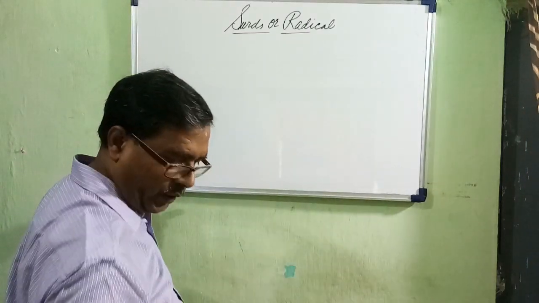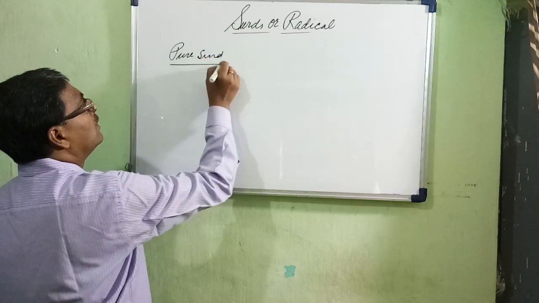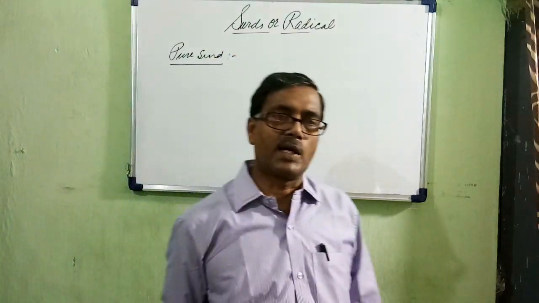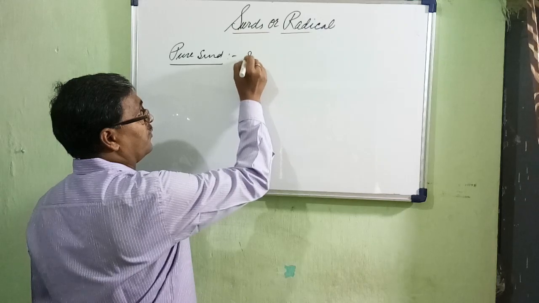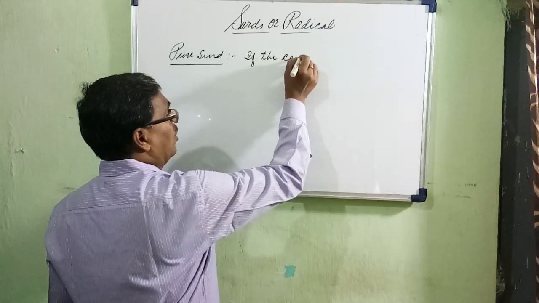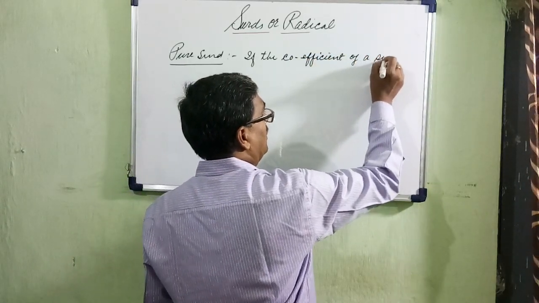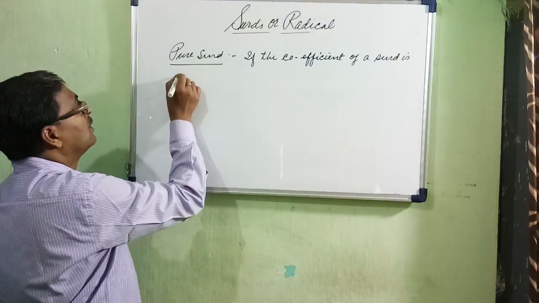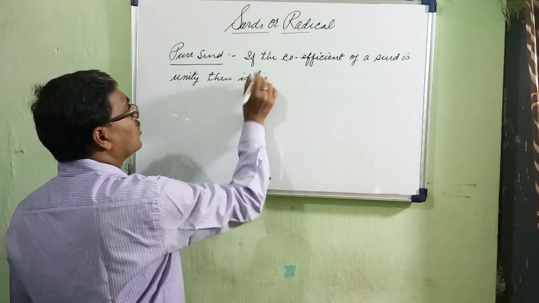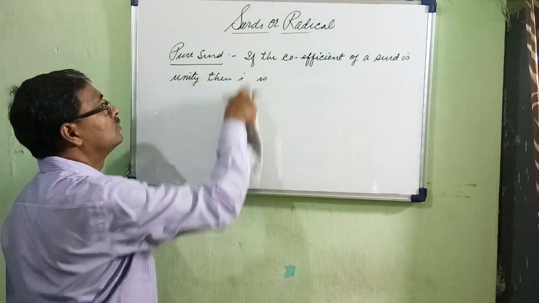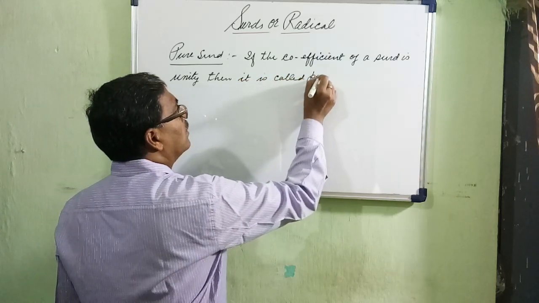So now what is called pure surd? If a surd contains a factor, the coefficient of the surd, as unity, then it is called a pure surd.